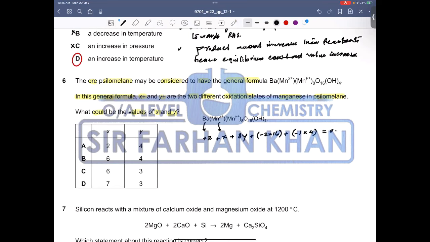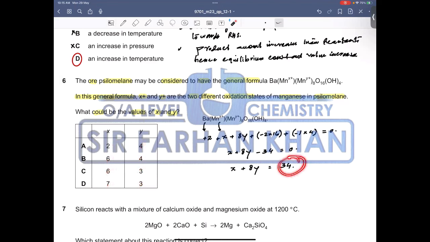So I'm going to solve this. So you will have x plus 8y minus 34 equals to 0. All right. Then x plus 8y equals to 34. Okay. So what we can do is apply these values one by one, and let's see which option gives 34 as the total.